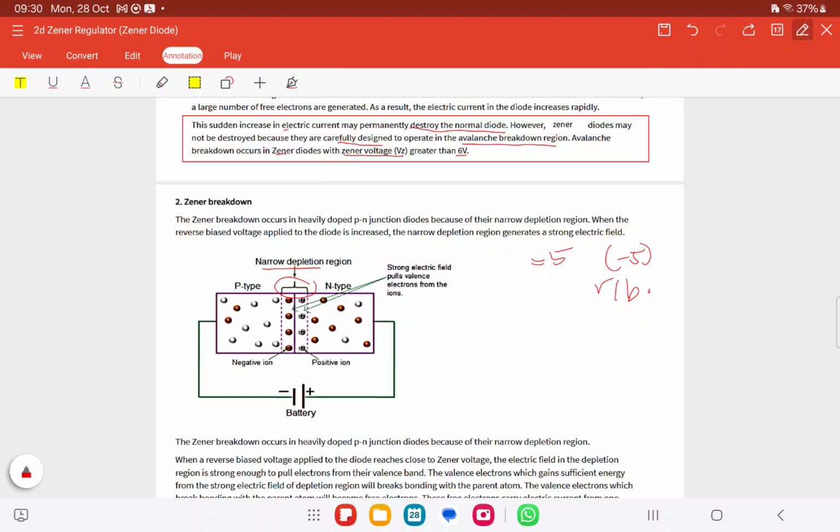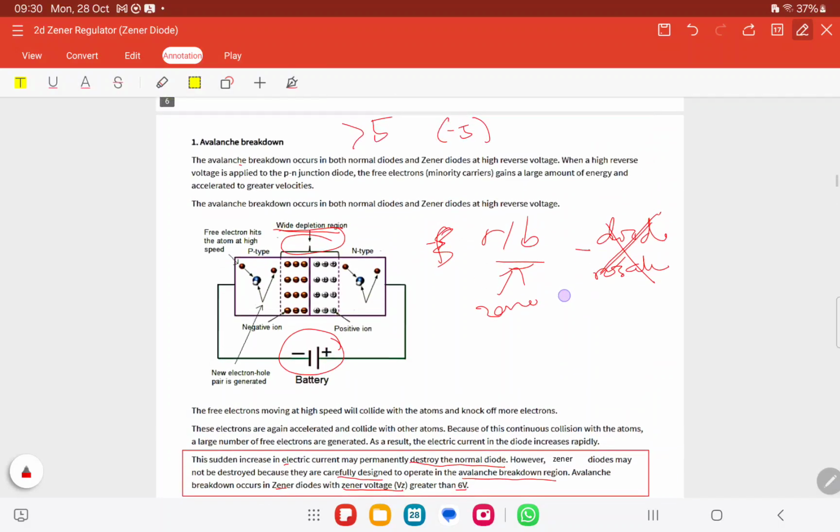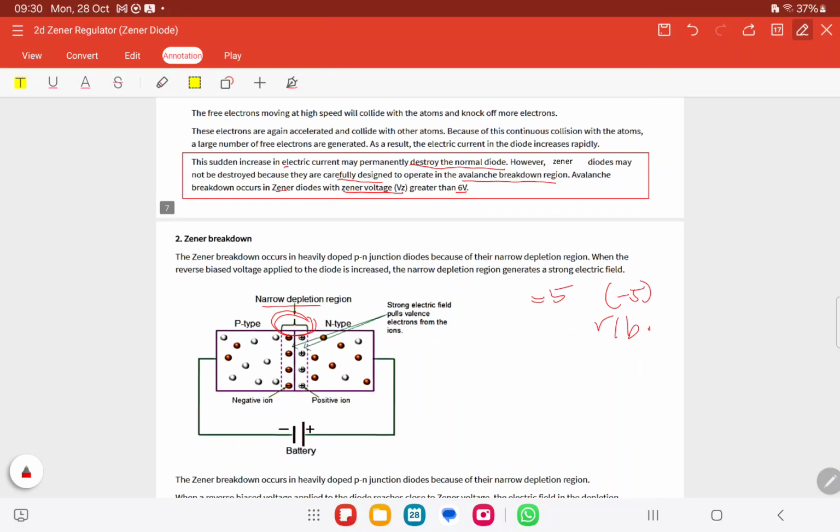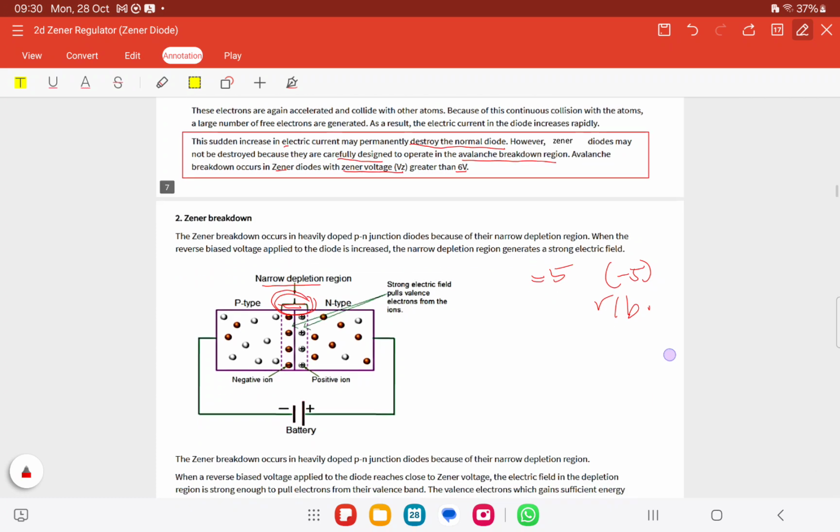Tetapi for avalanche, due to the collisions of the carrier that produce kinetic energy, pelanggaran of the carrier. Okay. And then this one is lagi wider. This is narrower, dia punya depletion region, and due to the movements of the carrier.